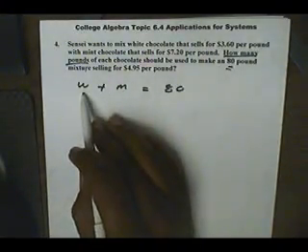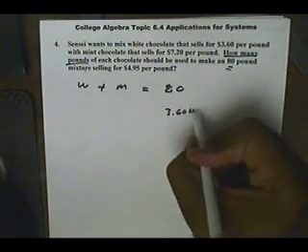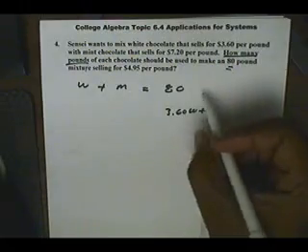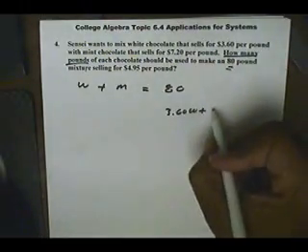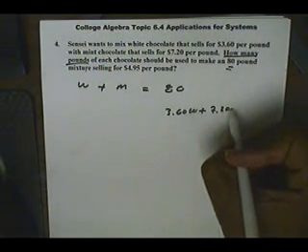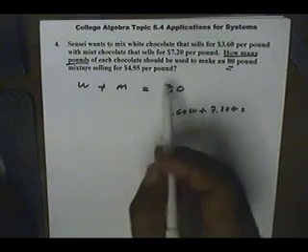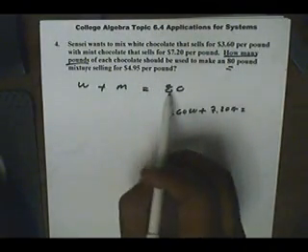we know that for each pound of white chocolate, it's going to cost us $3.60 for each of those pounds. And for the mint chocolate, it's going to cost us $7.20 for each of those pounds. Now, that's going to equal the total amount of pounds, which is 80.